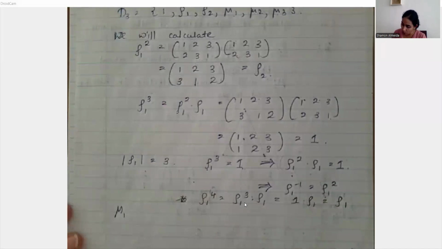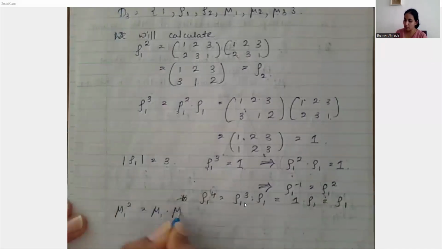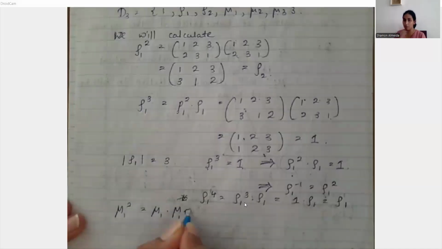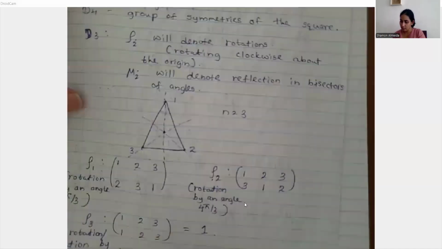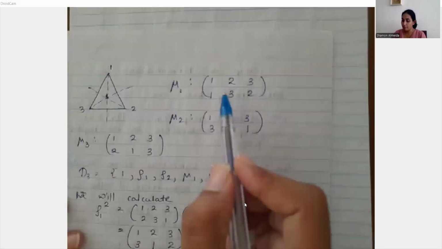Now let's consider mu 1 squared. This is mu 1 times mu 1. When I say times, I mean function composition. Mu 1 is given by, it's over here, 1 fixed, 2 and 3 interchanged.